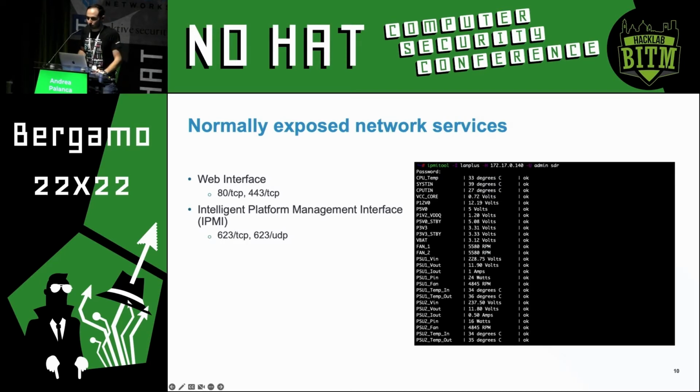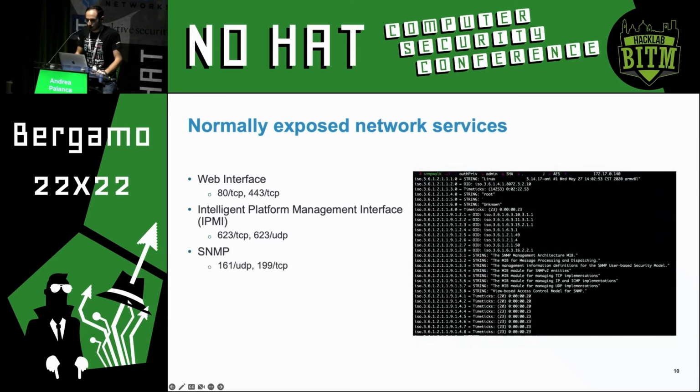It's a sort of service by which you can send commands through basically a command line interface. For instance, in this case, this screenshot depicts the usage of ipmitool, by which we can send commands to the BMC and we can either acquire data from the host, such as here, or we can issue commands that control the host. It provides an SNMP service, no big deal here, nothing new.